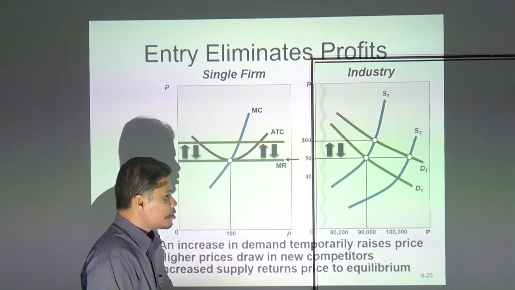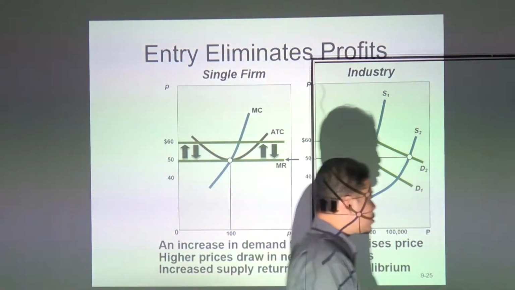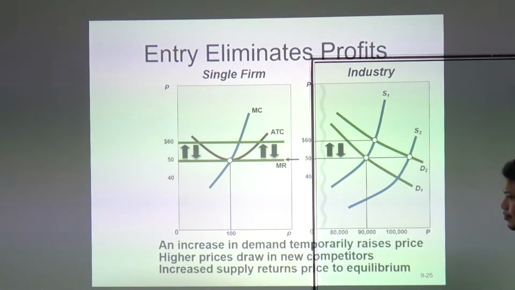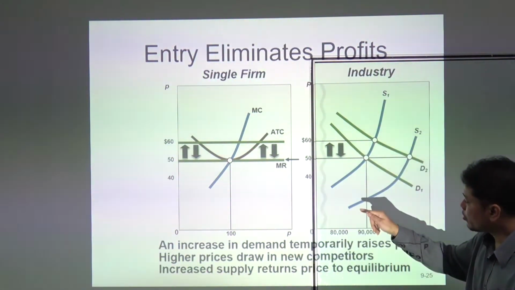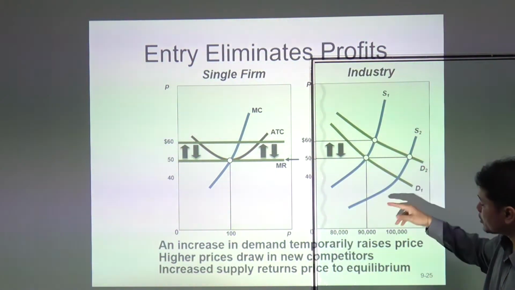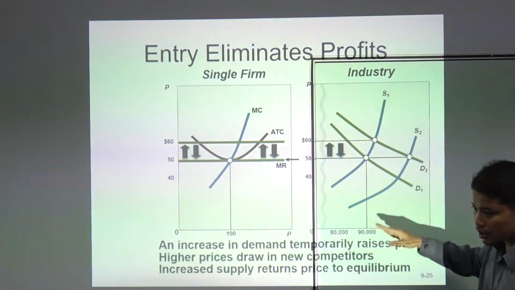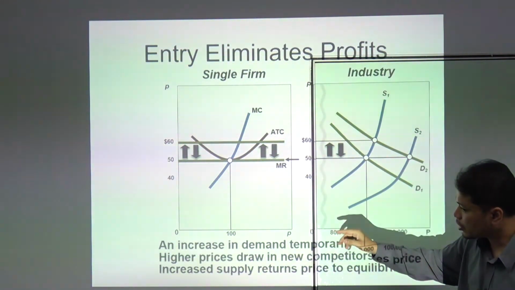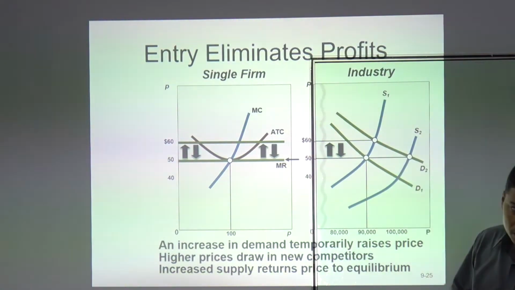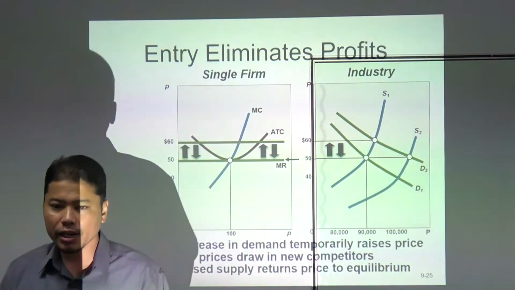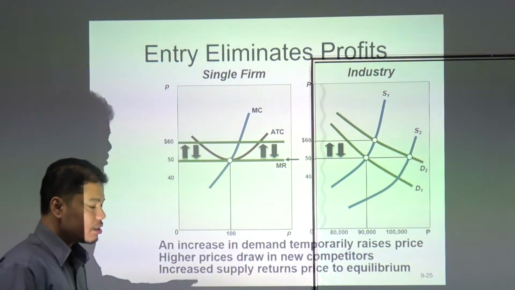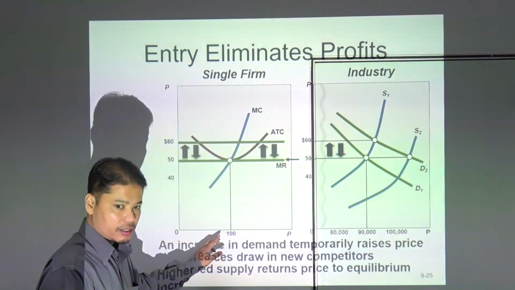Now suppose there is an increase in demand for the product, so market demand shifts to the right, D1 to D2. What happens to the equilibrium price? It will increase from $50 up to $60. Now we assume that the industry is a constant cost industry.